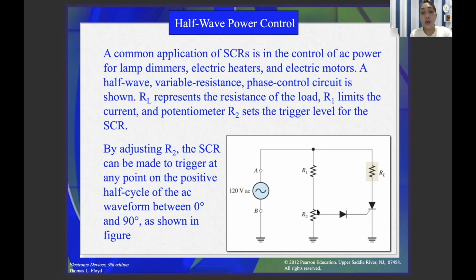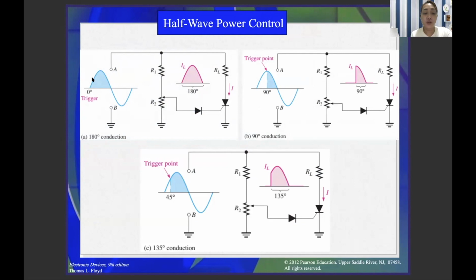Again, by adjusting R2 or the potentiometer, we can trigger the SCR faster than the VAK. Half-wave power control, this one. At 90 degrees, this will be the level. At the triggering point, this can be the level.